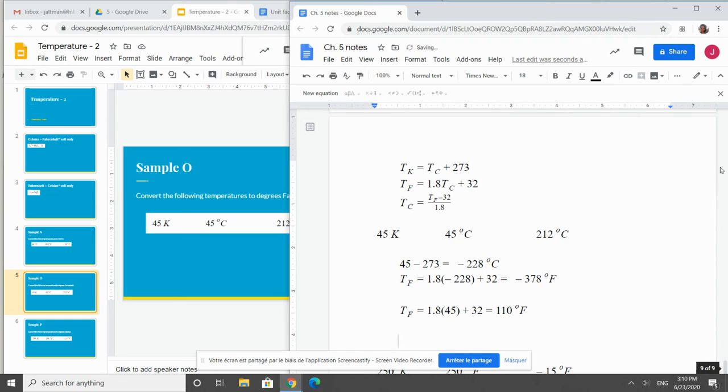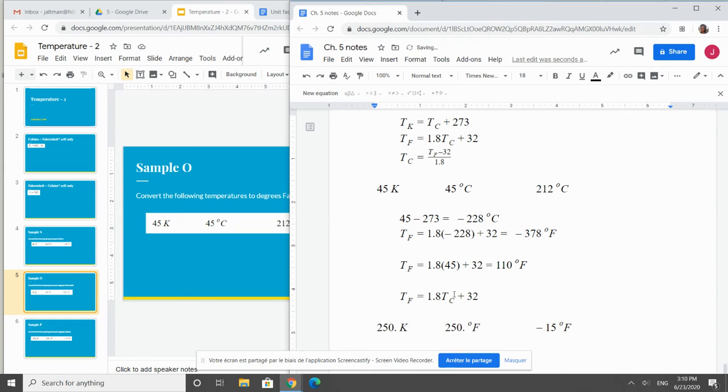And then the third one also is already in degrees Celsius, so I just plug right in. I wanted this to have 3 sig figs, so I did 414 degrees Fahrenheit.